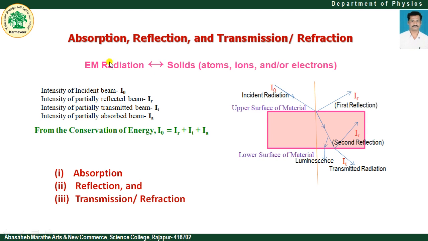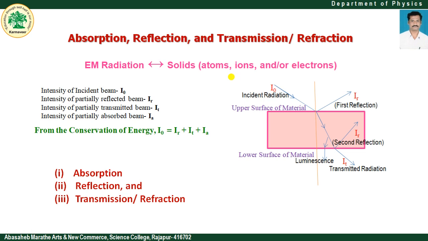The optical properties of matter, for example, refractive index, reflectivity, absorption coefficient, etc., affect the light reflection and transmission of electromagnetic or light radiation.